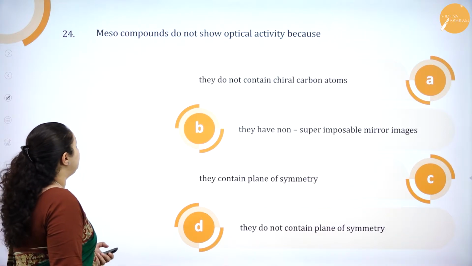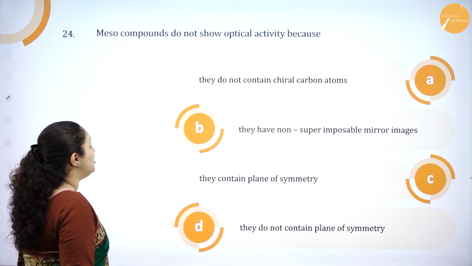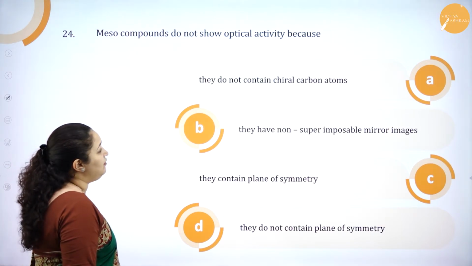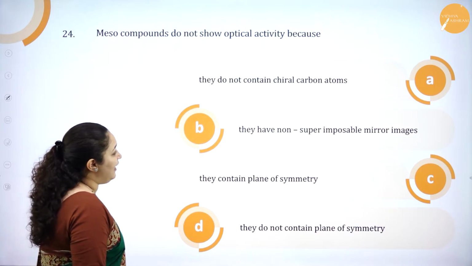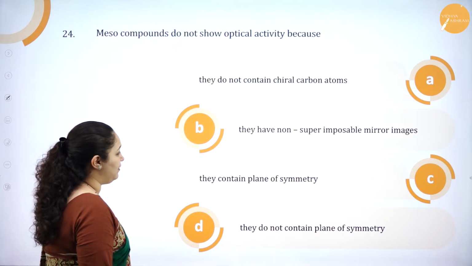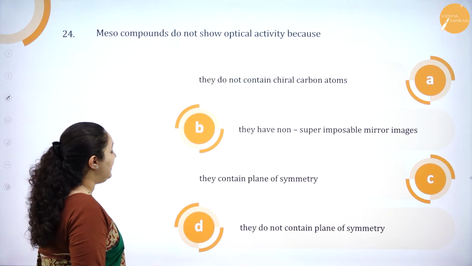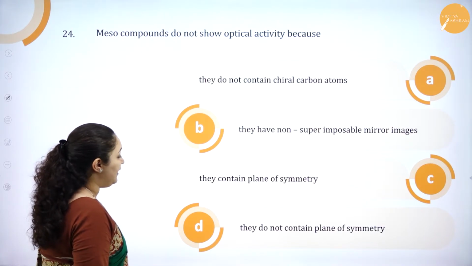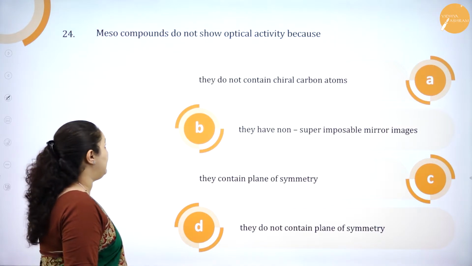Next question. Meso compounds do not show optical activity because option A, they do not contain chiral carbon atoms, option B, they have non-superimposable mirror images, option C, they contain a plane of symmetry, option D, they do not contain a plane of symmetry.